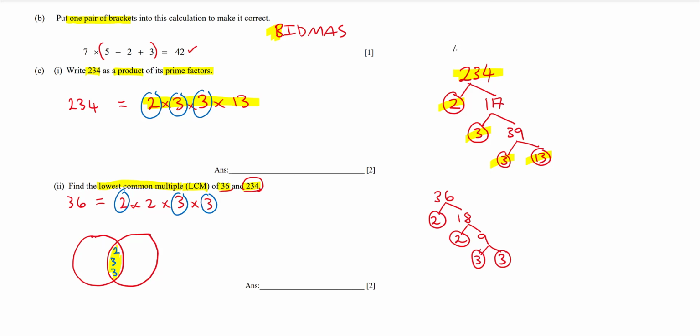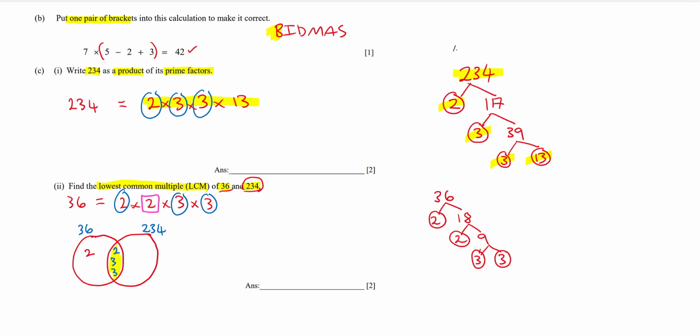And then we just need to fill out the rest. So if we call the circle on the left 36 and the one on the right 234, well, for 36, what are we missing? We're just missing a 2, because we've already got the 2, the 3, and the 3. So we'll put a 2 there.